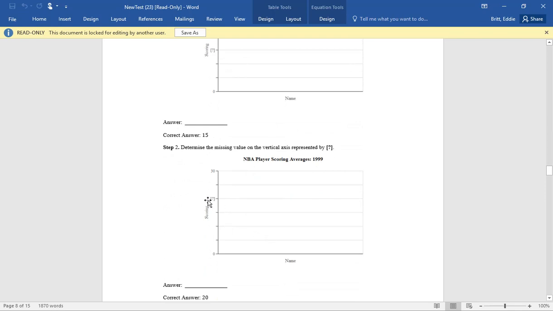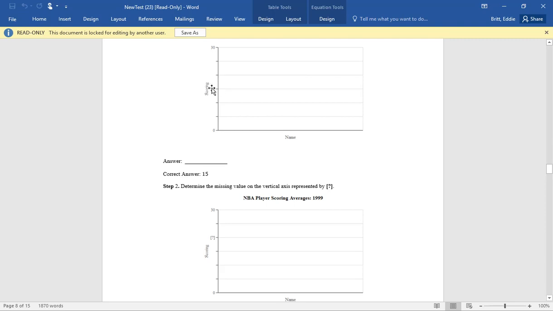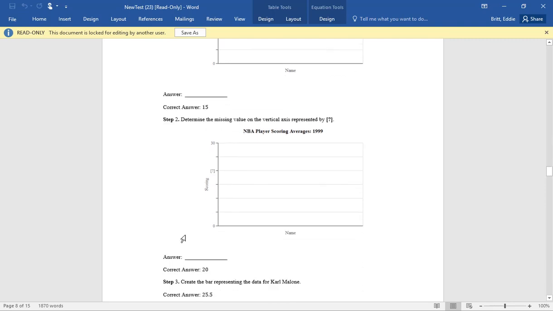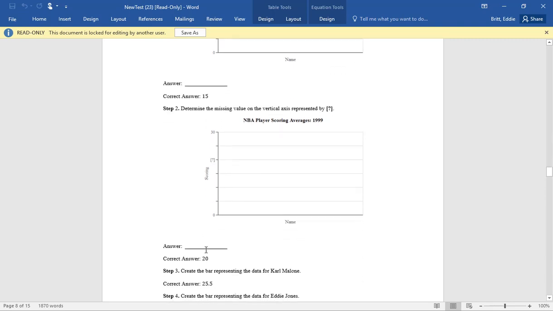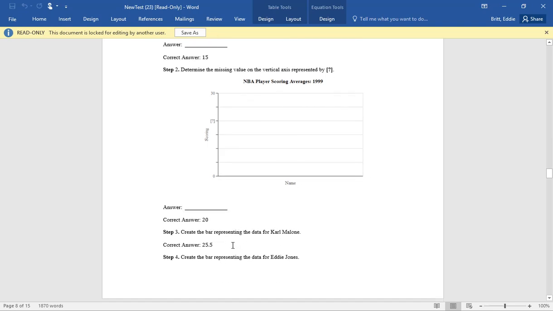All right, look at the next one. If this one is 30 and we figured out each one is 5, then what would the next one have to be? That's right. If the one in the middle was 15, one more tick mark up has to be 20. Create the bar graph representing the data.